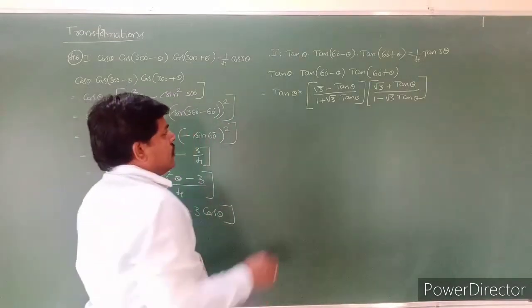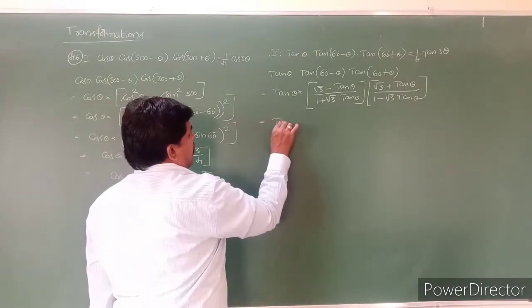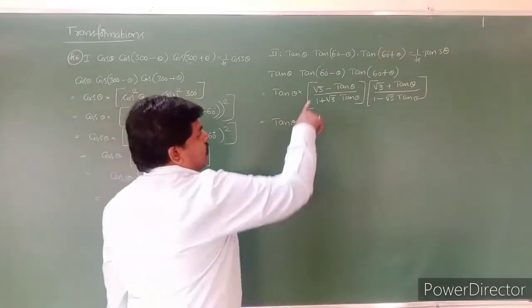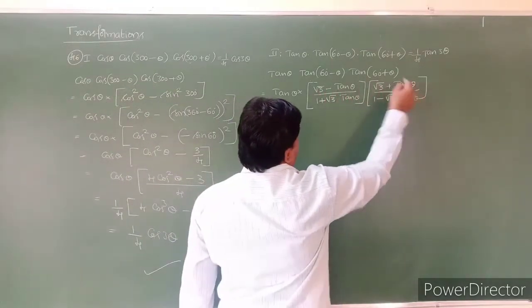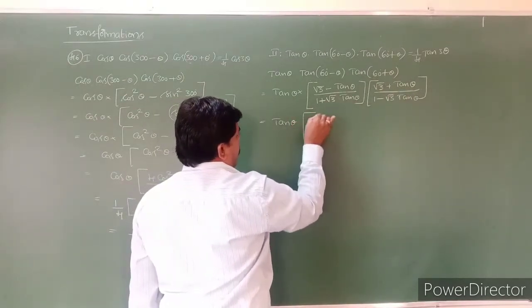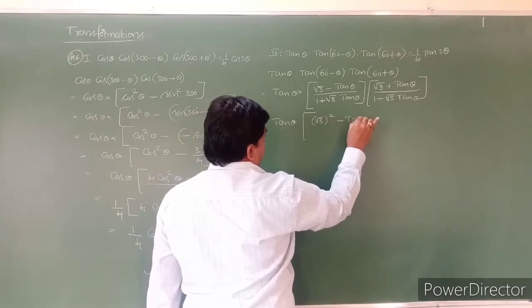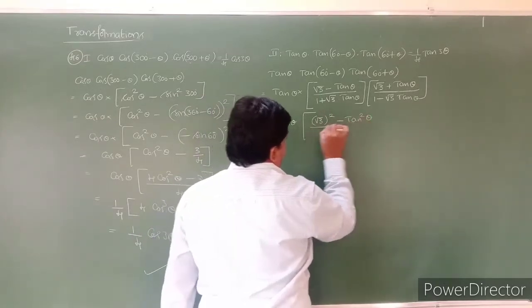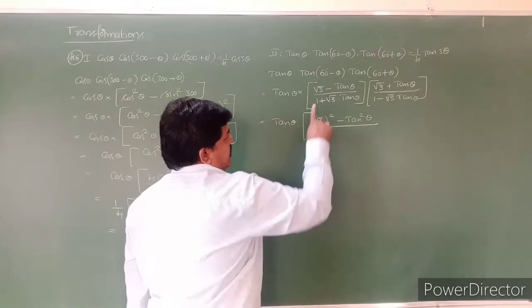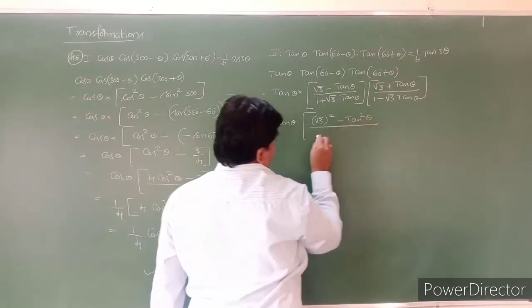I understand that. So that is equal to tan theta into, multiply the terms here. What will we get? So a minus b into a plus b, that is nothing but a square minus b square. In the denominator also the same model is there, students. It is a plus b, it is a minus b. So what is that?